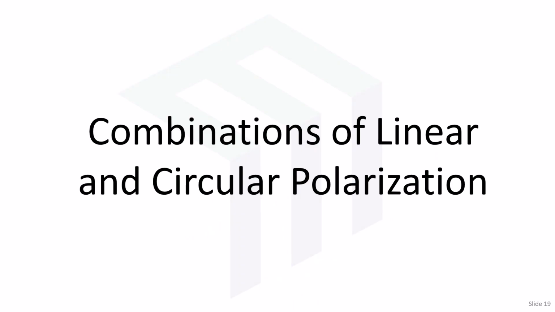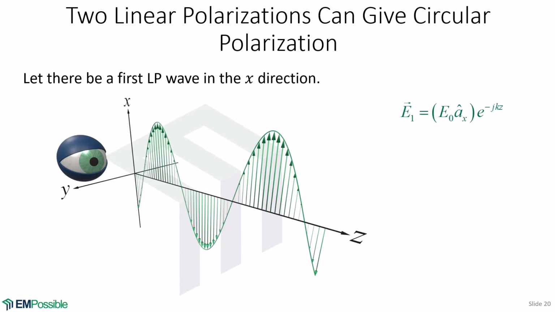Combinations of linear and circular polarization. This is super important for a lot of reasons. We'll touch on a few here, but let's just talk about what happens when we bring two linear polarizations together. So we're not animating this right now, and this is a linear polarization that's linearly polarized along the x-axis.